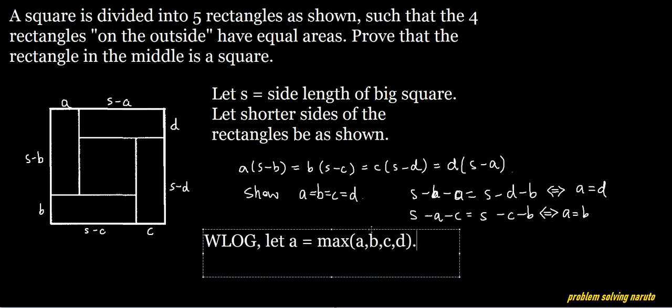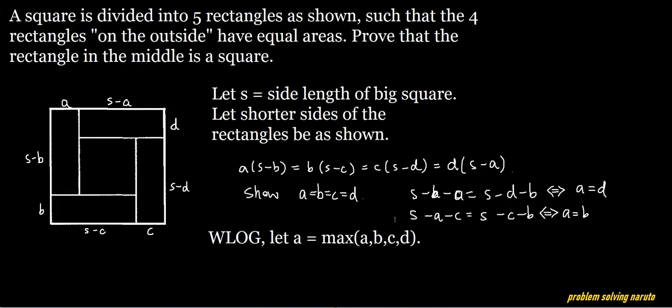That's all we can say. We cannot say B should be the minimum, or C or D. But we can always assume one of them is the maximum.